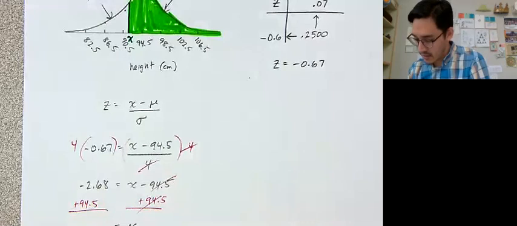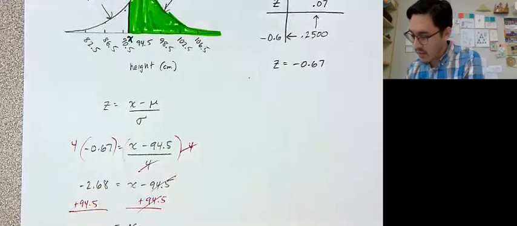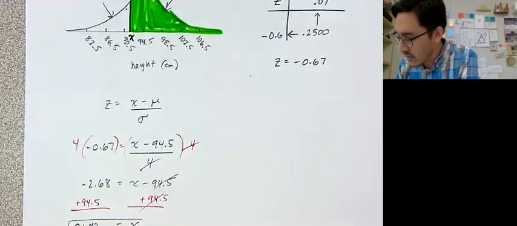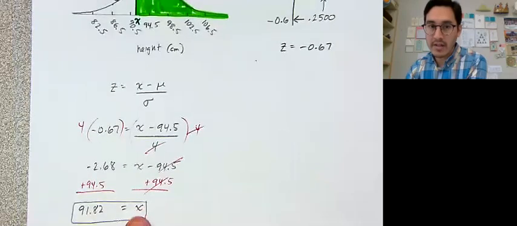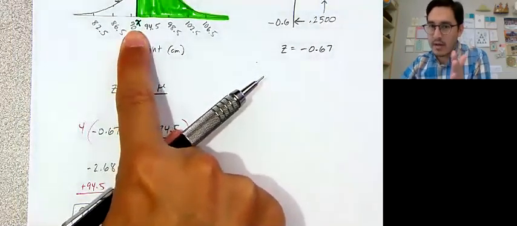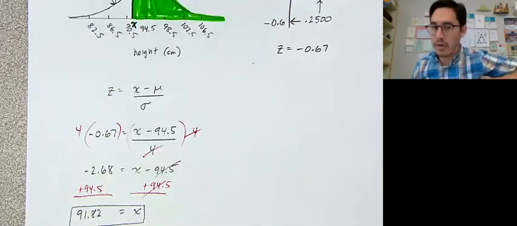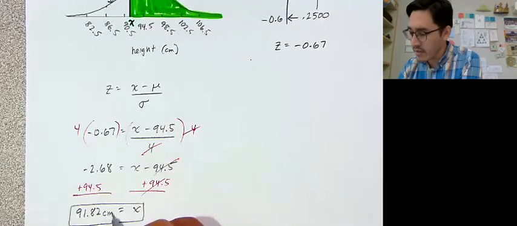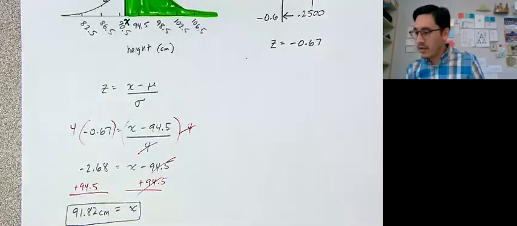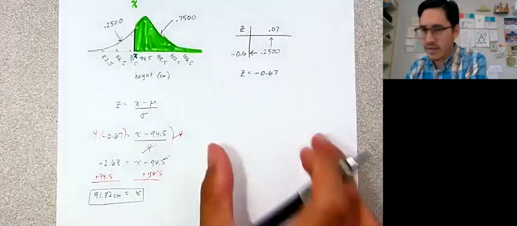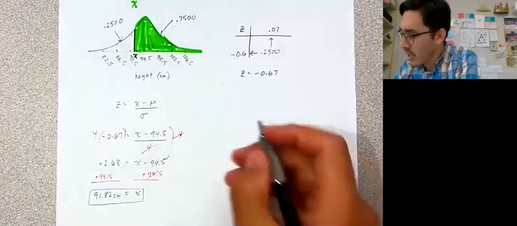So plus 94.5, and I get 91.82. Okay, so I solve for x, and remember x was representing this mystery height, this height where 75% of 3-year-old females would be taller than. So let's give this units, centimeters.